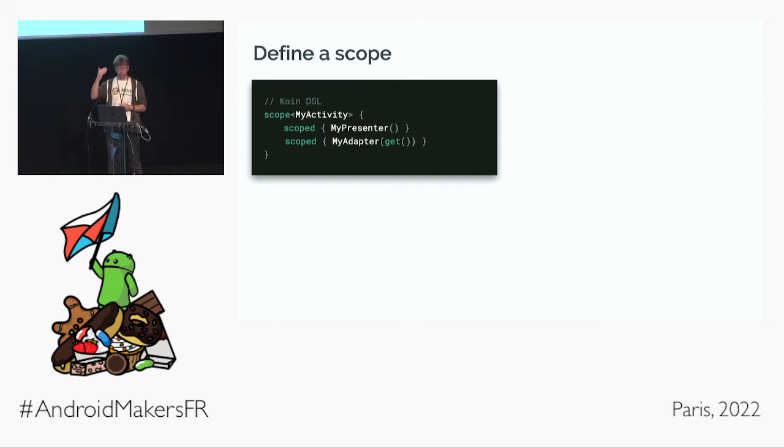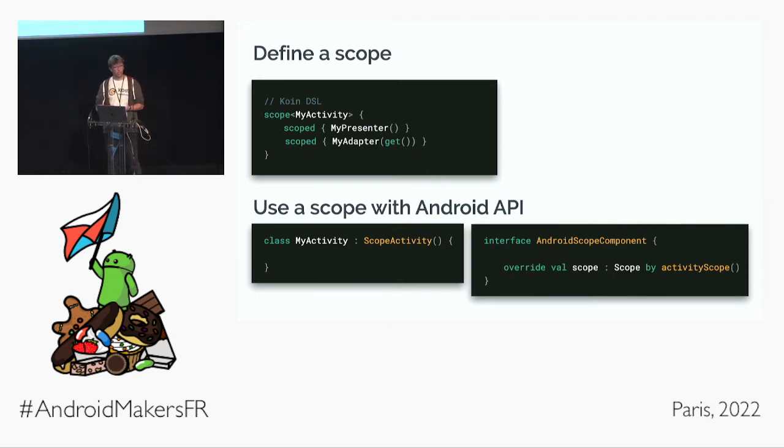And then in this section, you can use the scoped keyword to scope anything that needs to be kept in this section. You can also use factory, you can also use viewModel to resolve things in this space. Because if you put a view model outside of the scope, you can't resolve my adapter, for example.